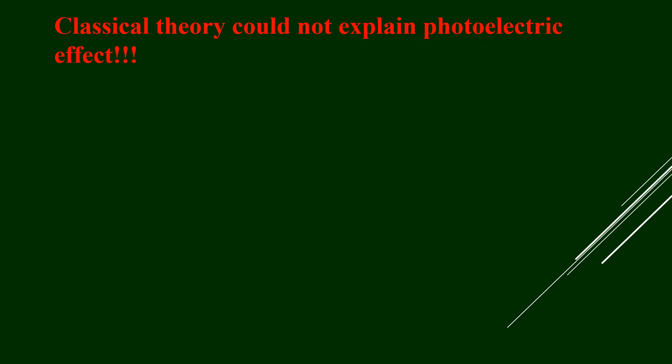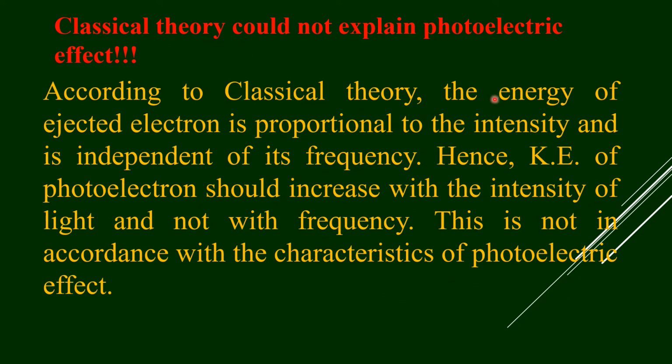Classical theory could not explain the photoelectric effect. This is one of the major failures of classical theory. Why? What was the reason? According to classical theory, the energy of the ejected electron is proportional to intensity and is independent of frequency.